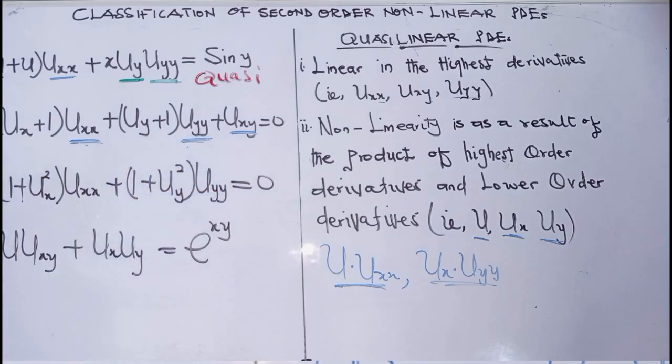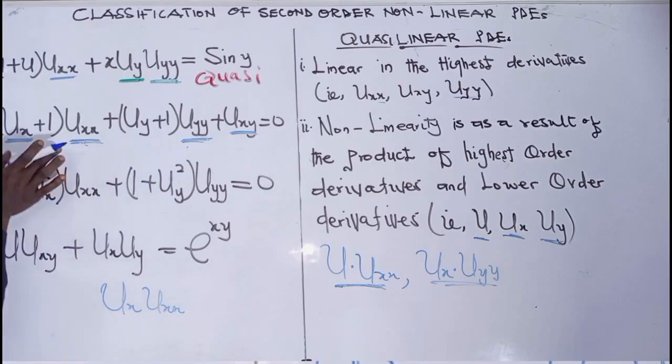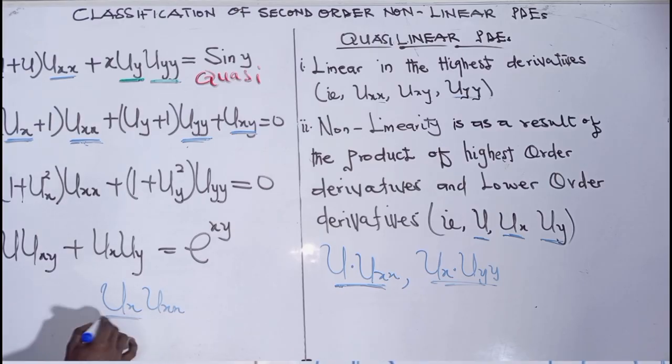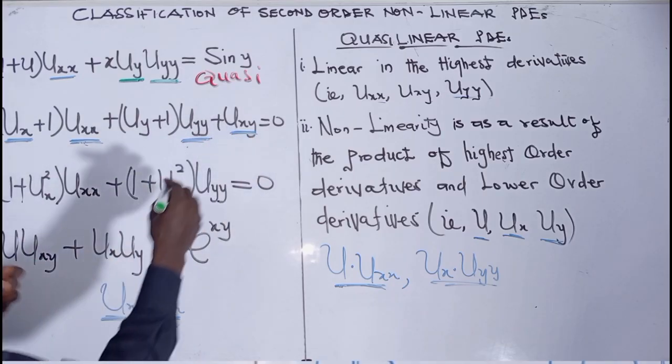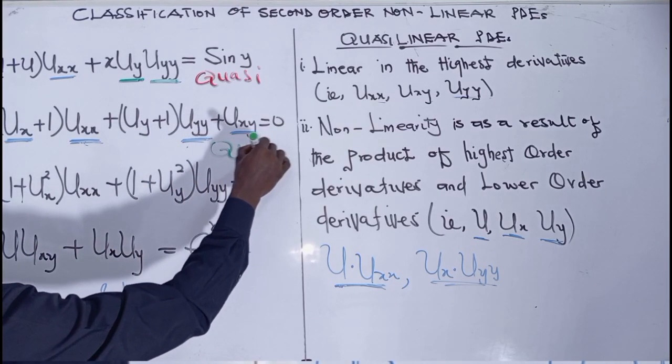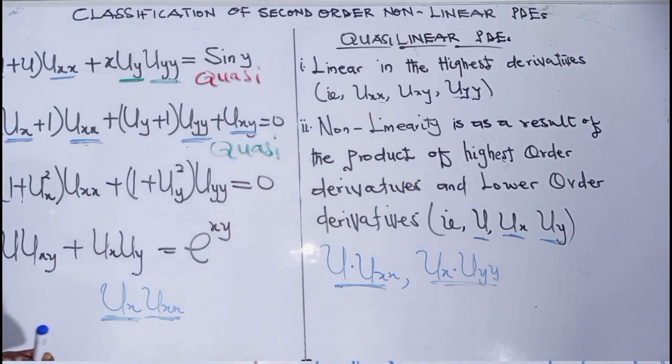Once they are linear, we try to see if we can find a lower order derivative multiplying any of these highest derivatives. I can see that we have U_s, which is a lower order derivative. When we expand this, it is going to give us U_s and then U_sx; this will give us U_ss when you expand the brackets. So when a lower order derivative multiplies the highest derivative, what does that give us? A quasi-linear PDE.